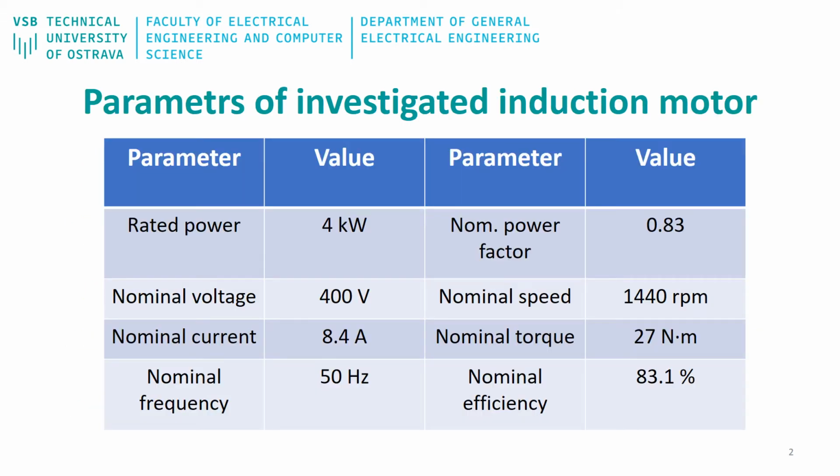As mentioned in the previous slide, we used an induction motor with a squirrel cage rotor. It is a standard manufactured serial motor with frame size 112, nominal power output 4 kW, and star connection. Selected parameters are presented on this page.